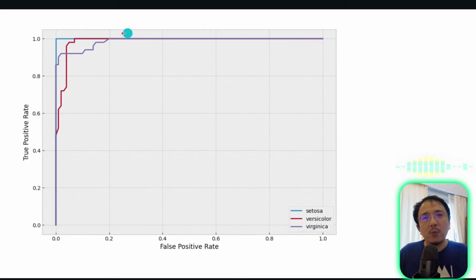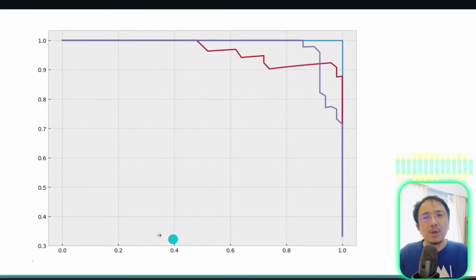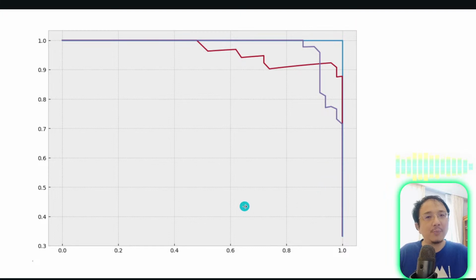And sometimes we calculate the area below this curve as a metric of how good this model is. The larger, the better. A similar graph is called precision-recall. We have precision here and recall here. And this graph shows the trade-off between the precision and the recall.